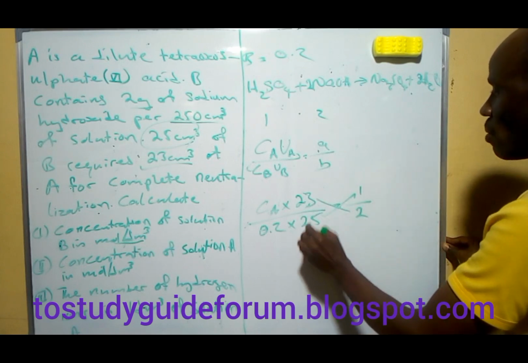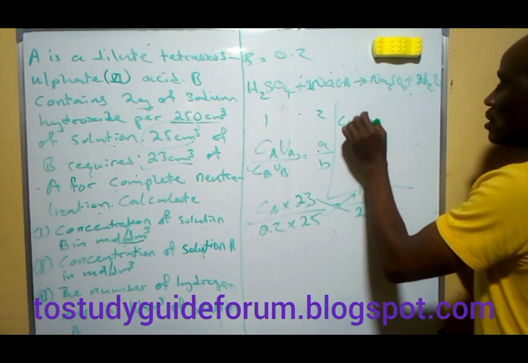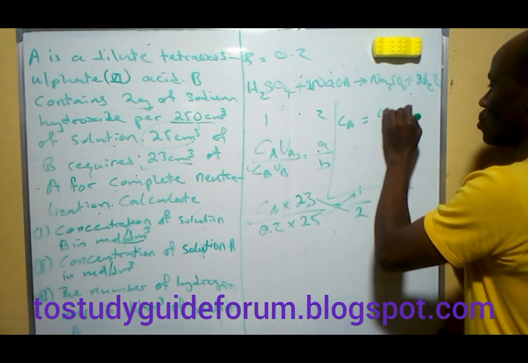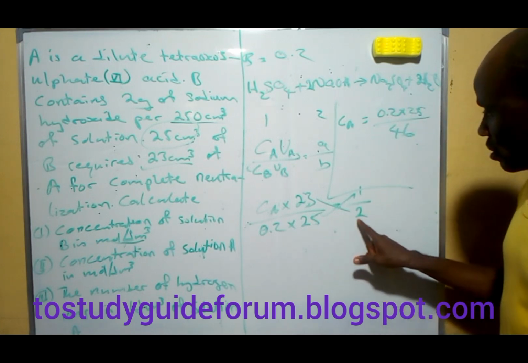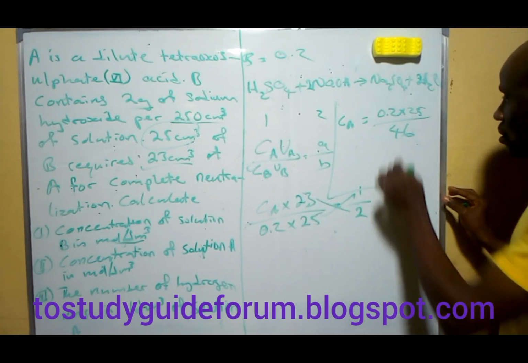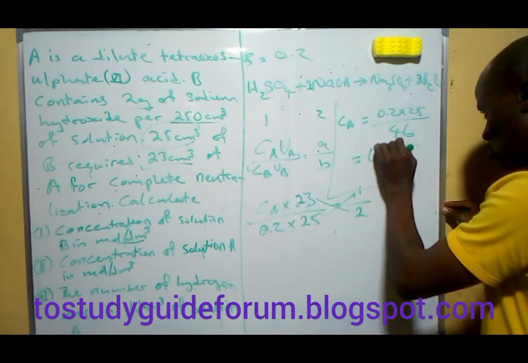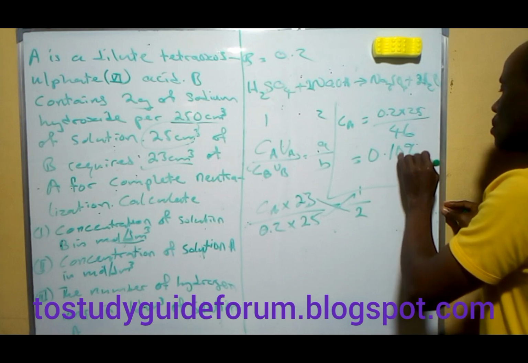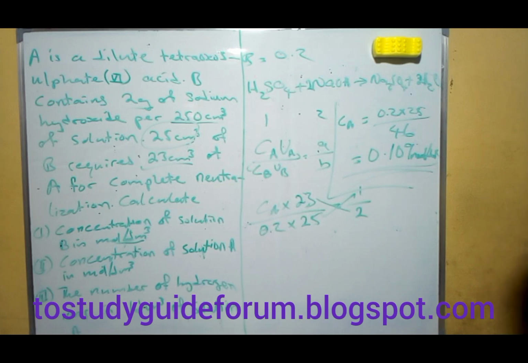So when we cross multiply, Ca will be 0.2 times 25 all over 2 times 23, which gives us 46. At the end of the calculation, that's what we have as our answer: 0.109 mole per dm cube.